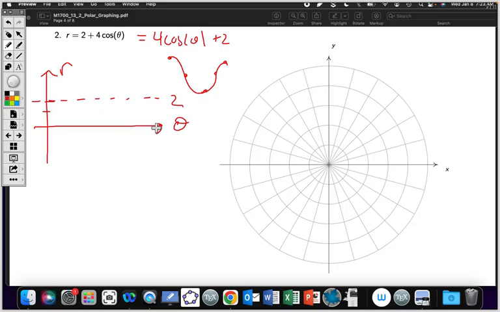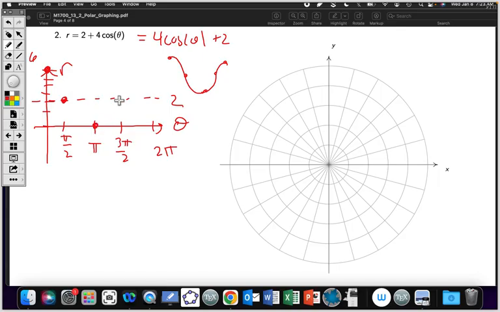Well, I guess we should do our quarter marks here. 2 pi, pi, 3 pi over 2, pi over 2. So it's going to start off at the high point, which would be 4 units above. So it's going to start up here at 6. Then it'll come down to the middle, which is 2. And then 2 units below, down to pi.